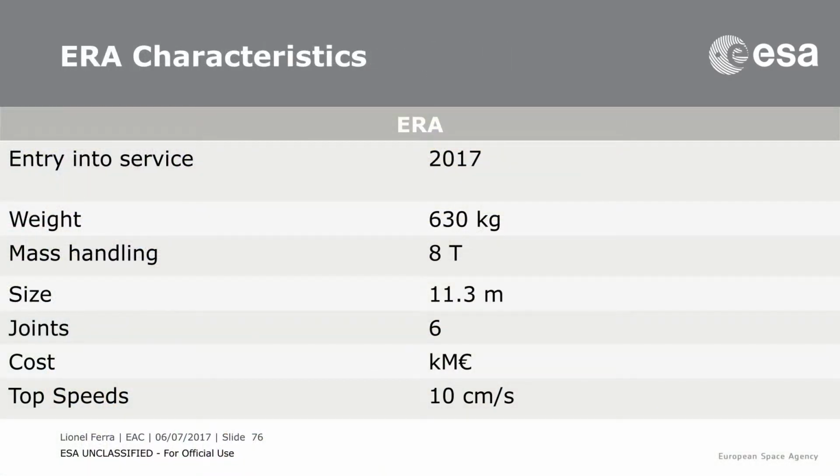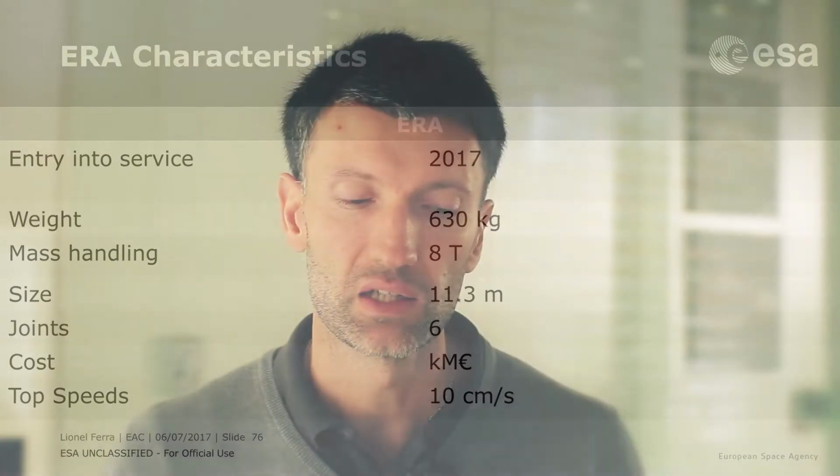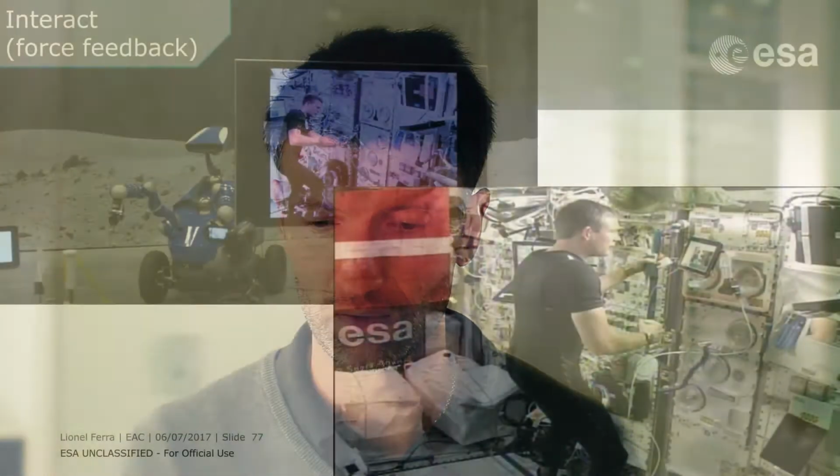I will not detail it too much, but this will enlarge the robotic assets with some different interfaces. We will not fly ERA in the cupola or in the US lab. It will be mostly flown by ground or during EVA. But okay, ERA is in a little bit of a tricky situation right now, where it's still on the ground and we are still waiting for a flight.